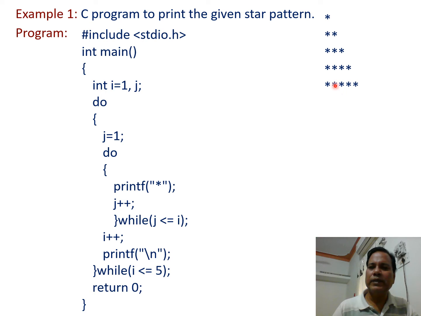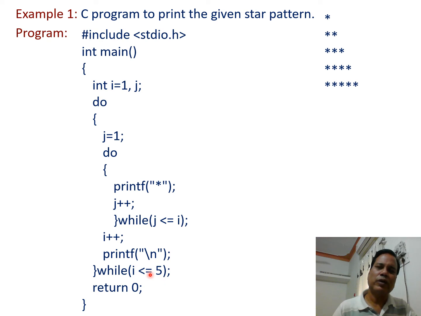After printing the fifth row, when value of i is incremented, it becomes 6. So when it becomes 6, condition becomes false. 6 is less than or equal to 5, this condition becomes false.